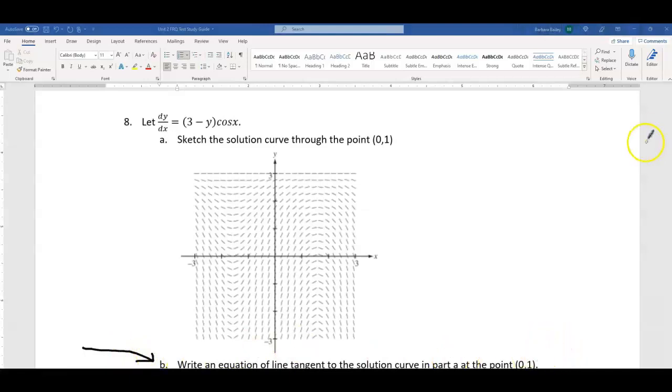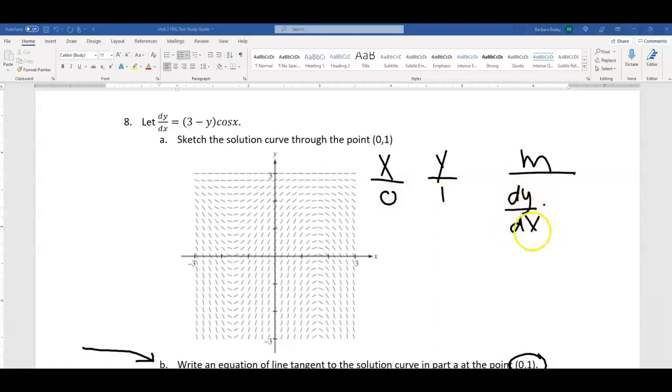Now, what you need for a tangent line is you need an x value, you need a y value, and you need a slope. Okay. Well, here's our x value and y value. So that's nice and easy. The last thing we need is a slope. The slope is the derivative when you plug in the numbers that they give you.